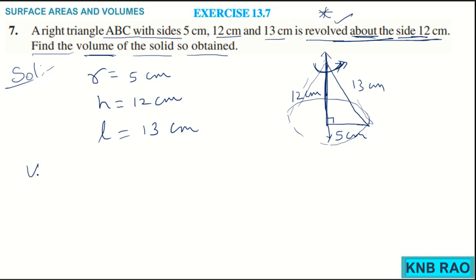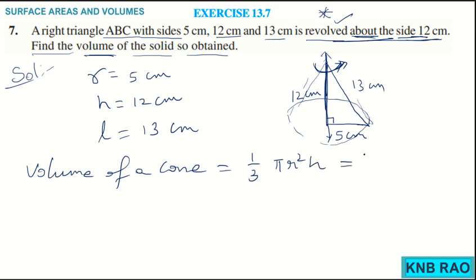How to find the volume? You know, volume of a cone is 1/3 pi r square h. On substitution, 1/3 into 22/7, r is 5 square, into h is 12. Now you know how to do simplification.